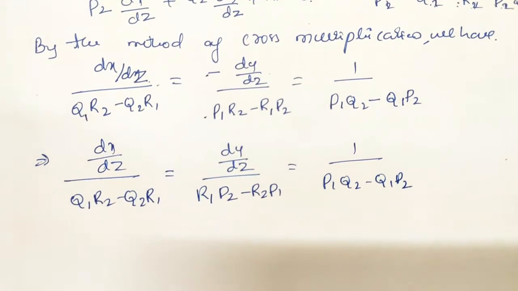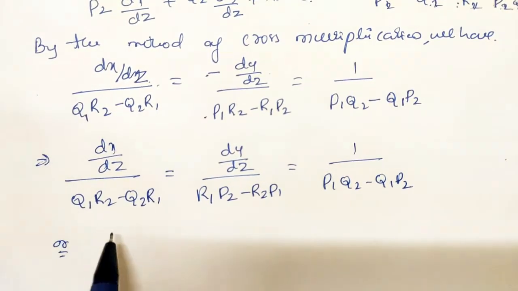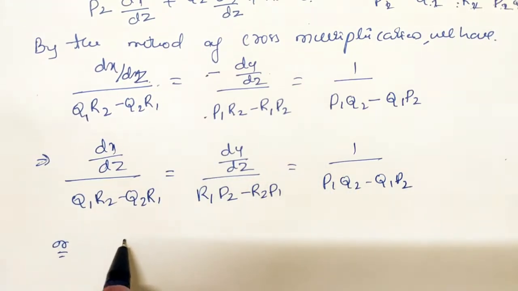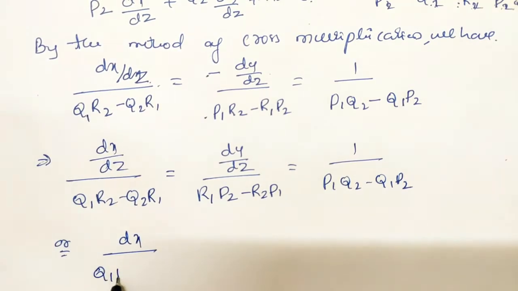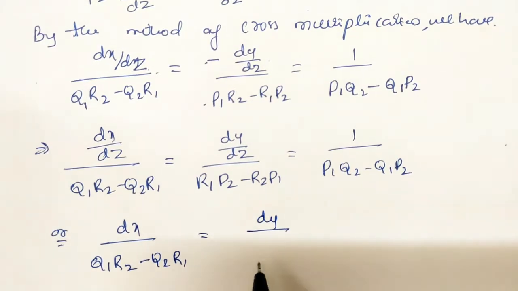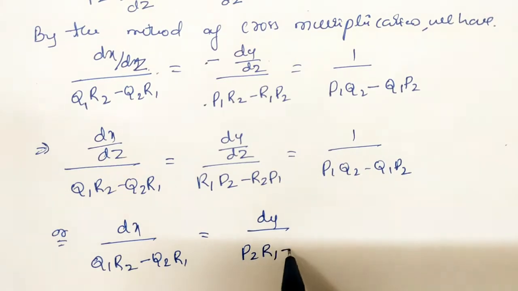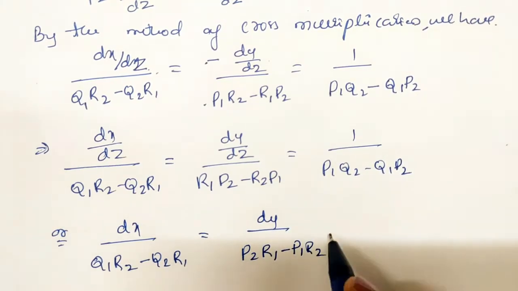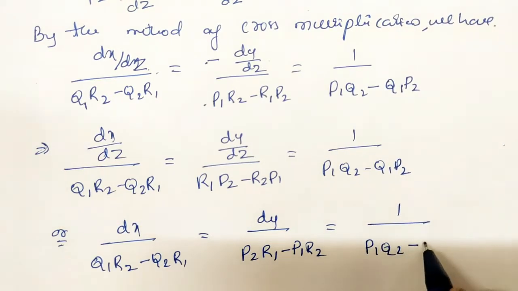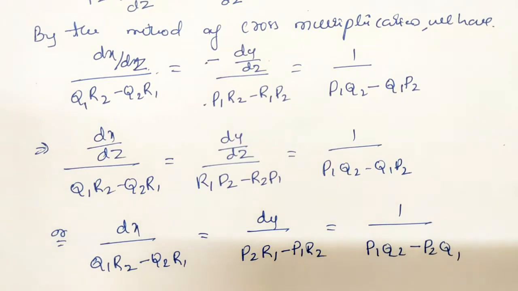Or if you multiply all the terms with dz, it becomes dx divided by q1 r2 minus q2 r1 is equal to dy divided by p2 r1 minus p1 r2 is equal to 1 divided by p1 q2 minus p2 q1.